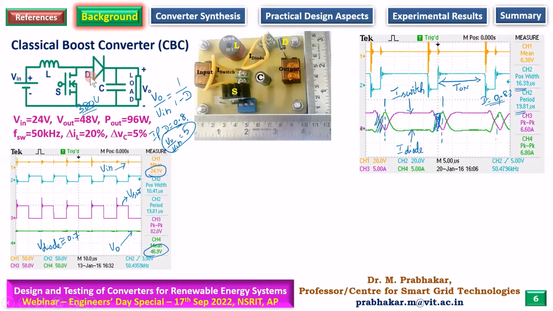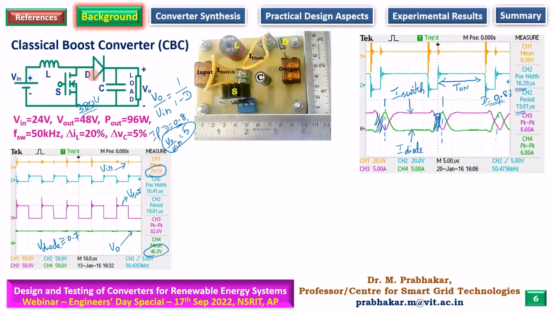That cannot happen. When the switch conducts, the inductor will store energy. When the diode conducts, the inductor will discharge the energy. But when both conduct, the inductor will get confused. It will not know whether it should charge or discharge. Therefore, output voltage will be very, very less when both conduct.